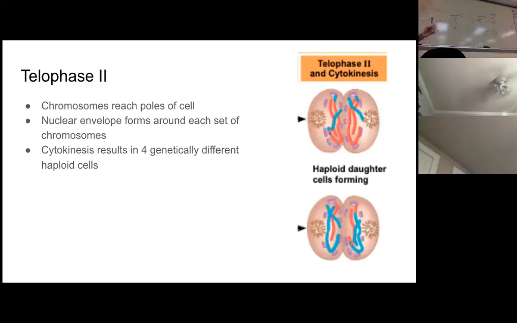Telophase 2. After telophase and cytokinesis, we end up with 4 cells.